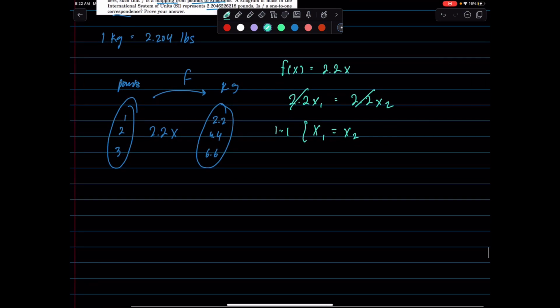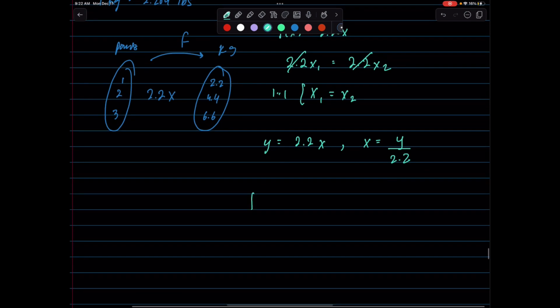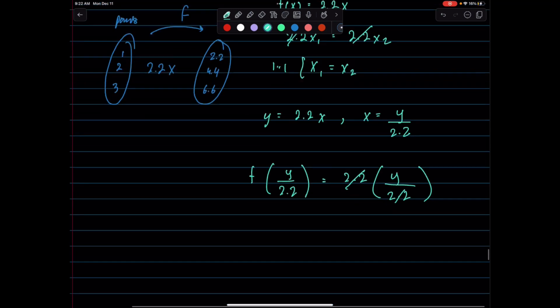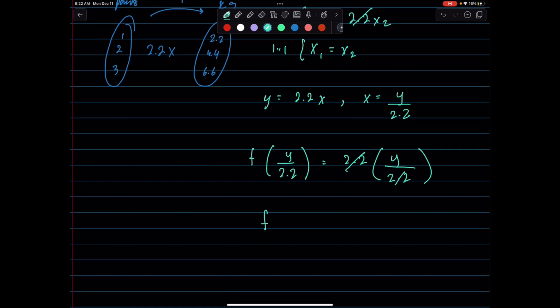Now to prove that it's onto, we'll do something like y equals 2.2x. So x equals y over 2.2. F of y over 2.2 equals 2.2 times y over 2.2. These cross out, so f of y over 2.2 equals y. So that proves that it's onto as well.